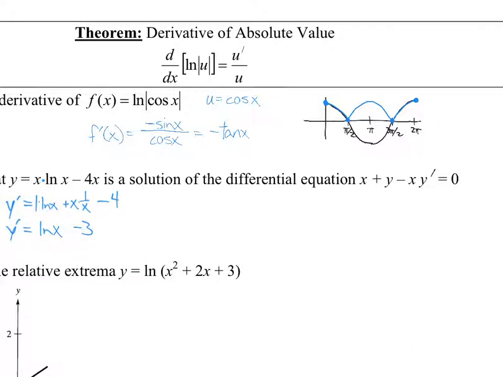If I solved this over here for y prime, it would be x plus y. If I add the x y prime to both sides, and then divide by the x, I'd get y prime equal to that. Then I could set these equal to each other and see if it's actually true. And it doesn't seem to.